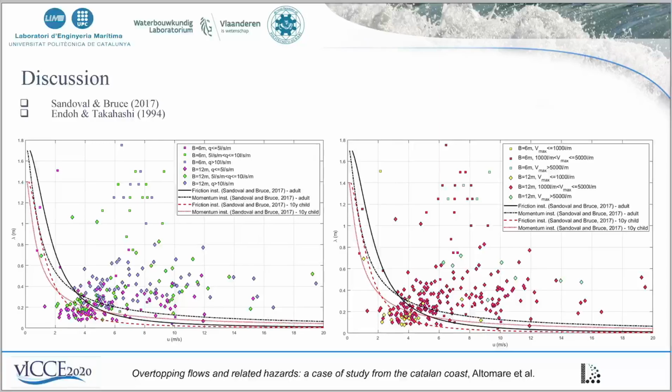On the left, the data are colored and plotted as a function of the promenade or crest width and the range of overtopping discharge. On the right side, instead of overtopping discharge, we plot as a function of the range of individual maximum volume. First, we can see that there is a large scatter independently of the measured discharge or measured volume.